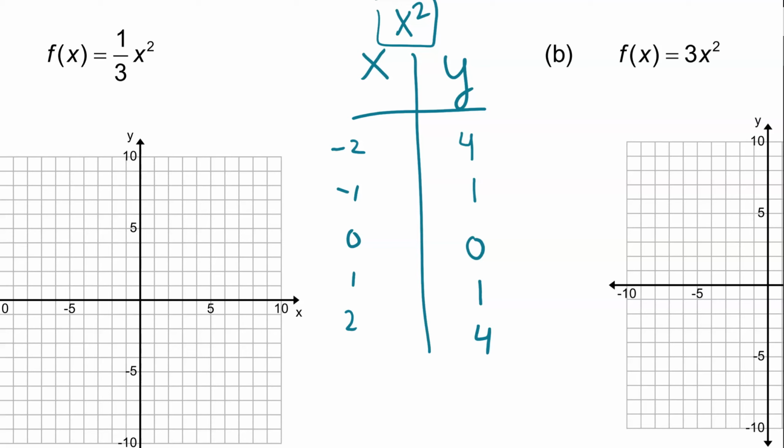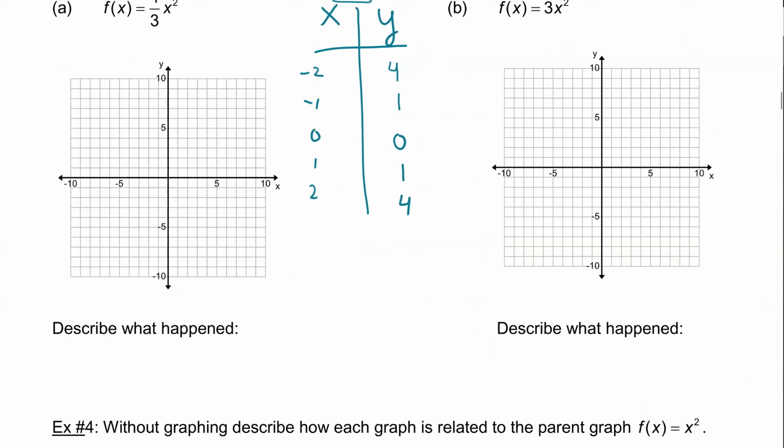So we're going to widen it. It's a vertical compression. If you're pushing down on my arms, they get wider. So it's going to be a vertical compression. We already know that's what's going to happen, but why do we know that? Because of the 1/3 in front, we know it's going to be wider.